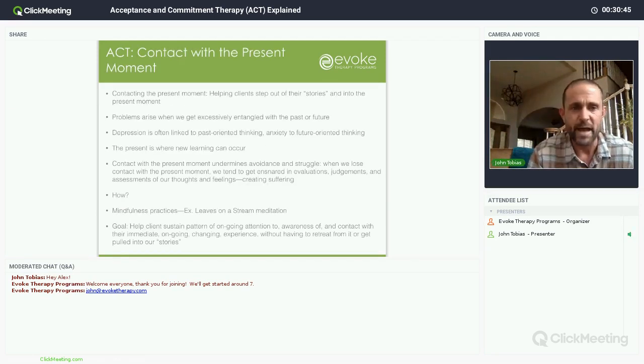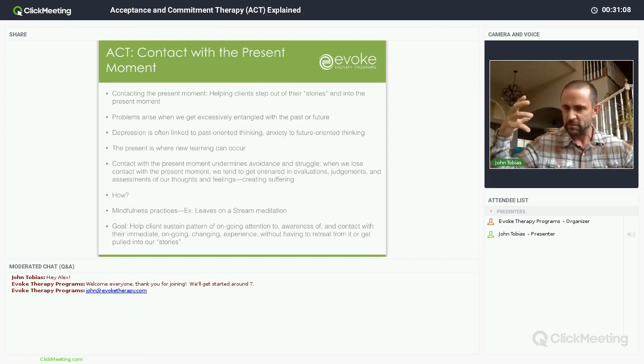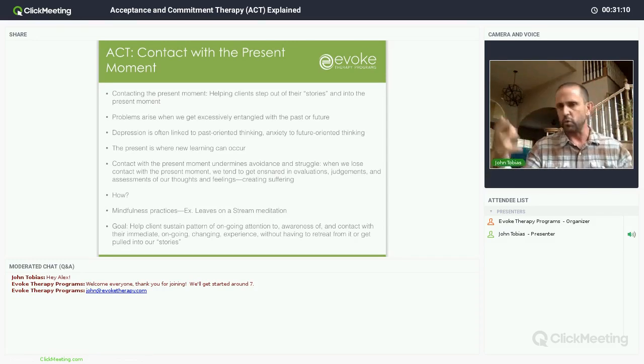All right, next core process here, contact with the present moment. So contacting the present moment helps clients step out of their stories and into the present moment. And when I say stories, I mean core schemas, narratives, self-talk, all of the kind of stories that we tell ourselves about who we are and how the world operates.